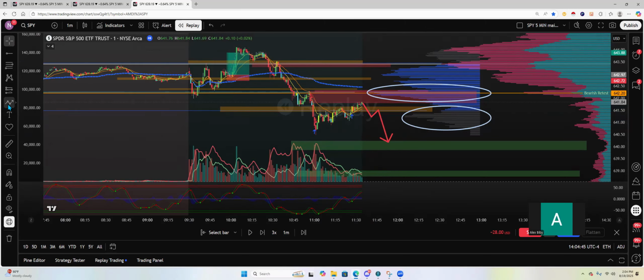Or if it is a true reversal, then we're going to want it to potentially condense at the bottom of this high volume node, this one right here, the one we said needs to break through, retest the bottom of the next high volume node, and continue up.